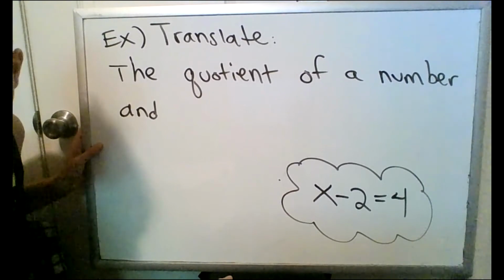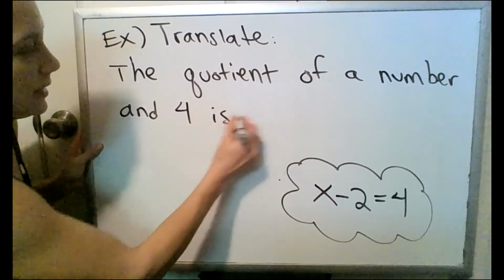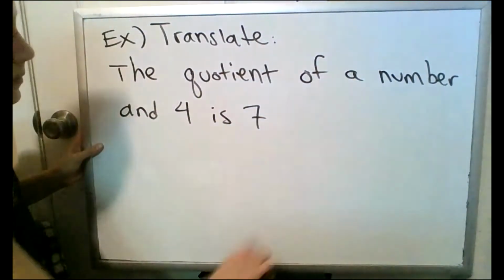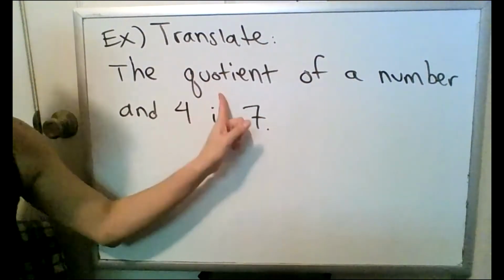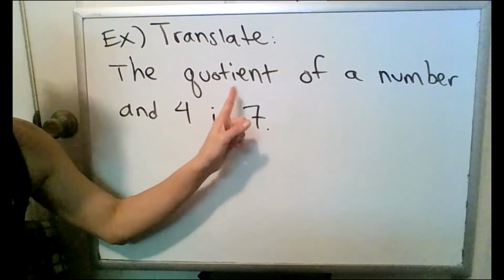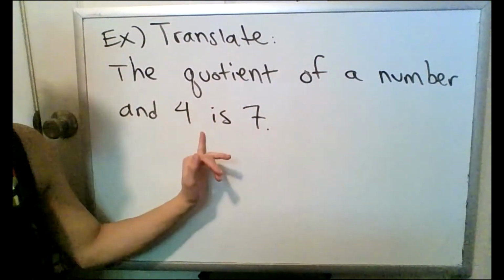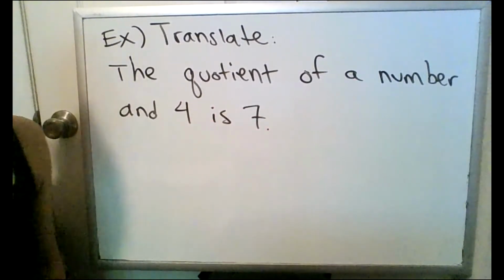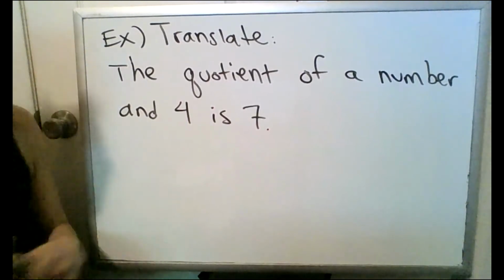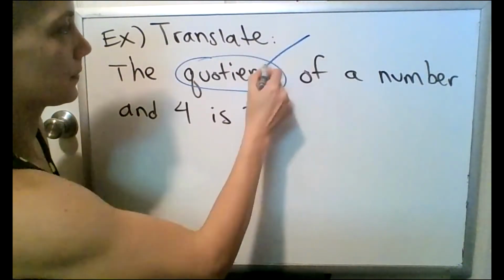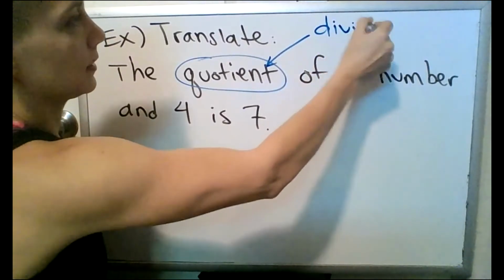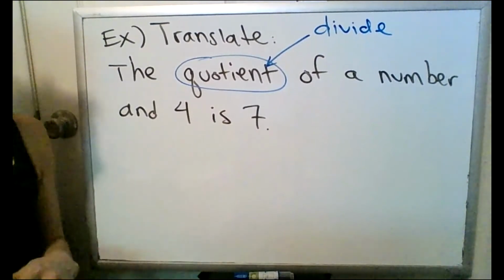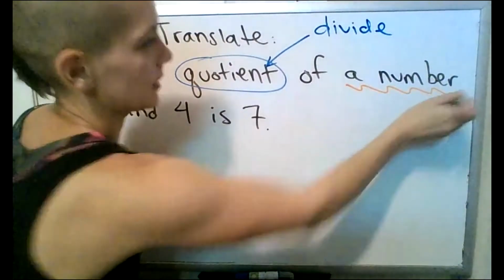I think I said 4. We're going to pick 4. Is 7. So for quotient, we're using division. You want to take the first value and then divide by the following value. Here we have an equal sign, equal to 7. So again, this is division. Here's an unknown number. So we're going to call that x.